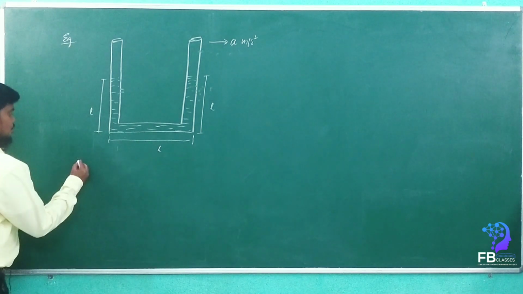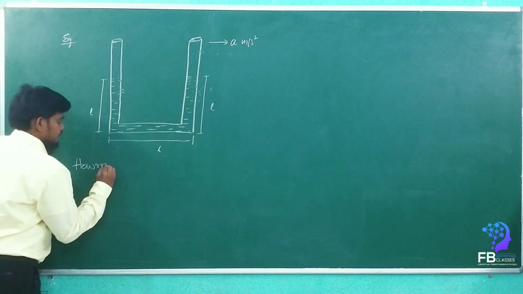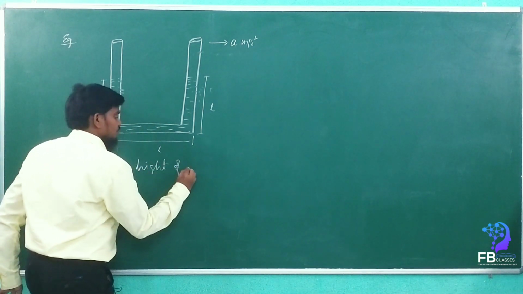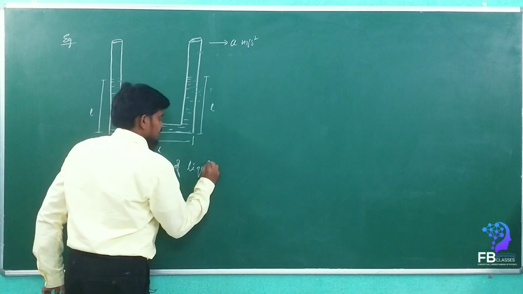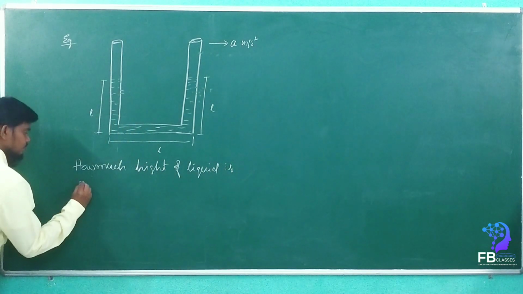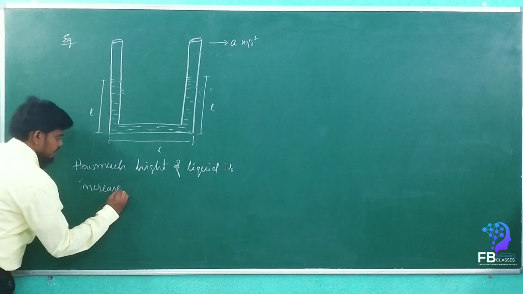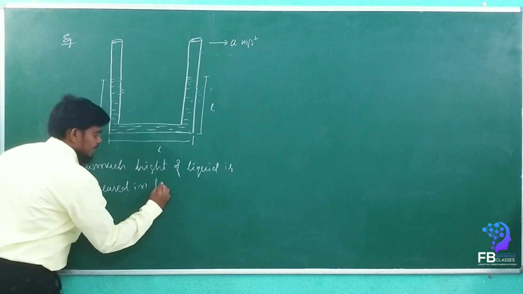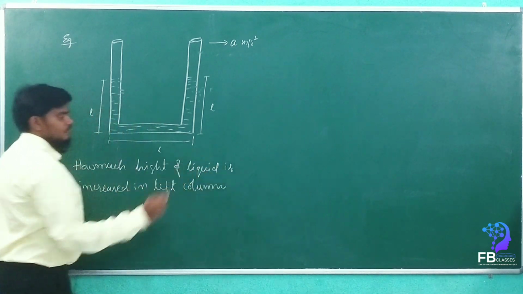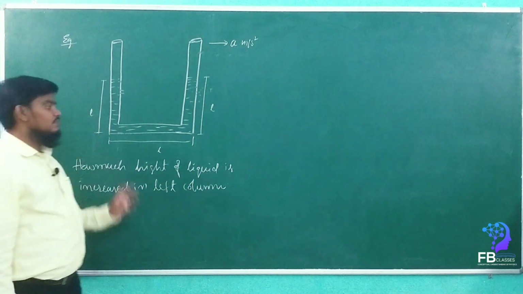How much height of liquid is increased in the left column?